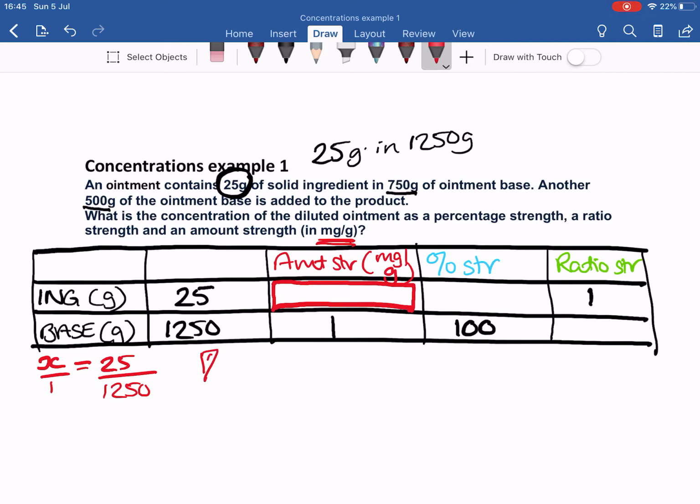Now, a note of caution here: 25 grams, we want an answer in milligrams. So we want to convert the 25 grams to milligrams by multiplying by 1,000. So we get 25,000 divided by 1250 equals 20. So our amount strength is 20 milligrams per gram.